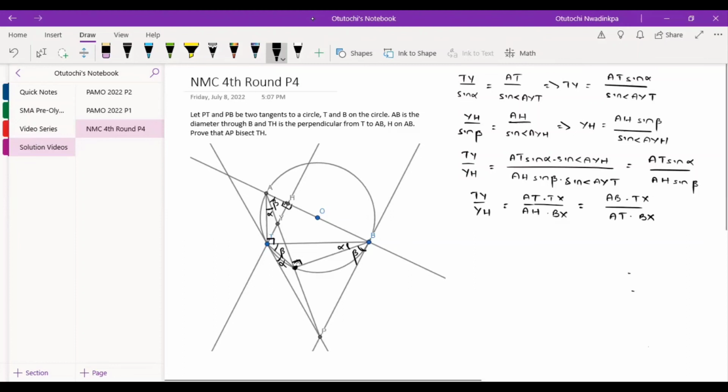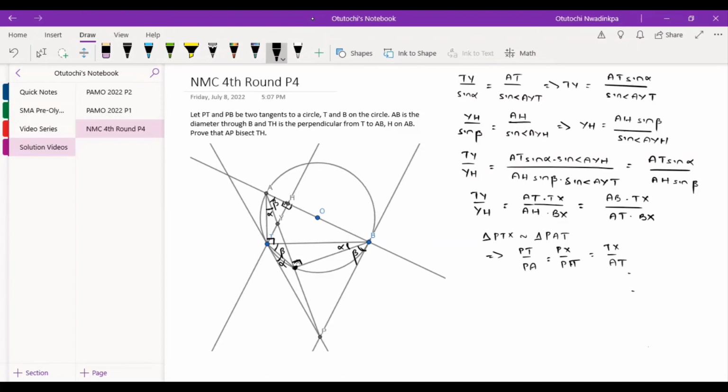But what we are going to use now is the fact that triangle PTX is similar to triangle PAT. So this will imply that PT over PA is equal to PX over PT, equal to TX over AT.